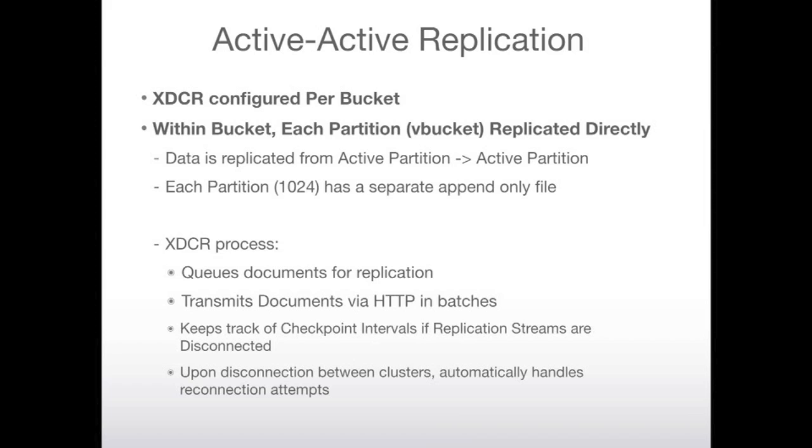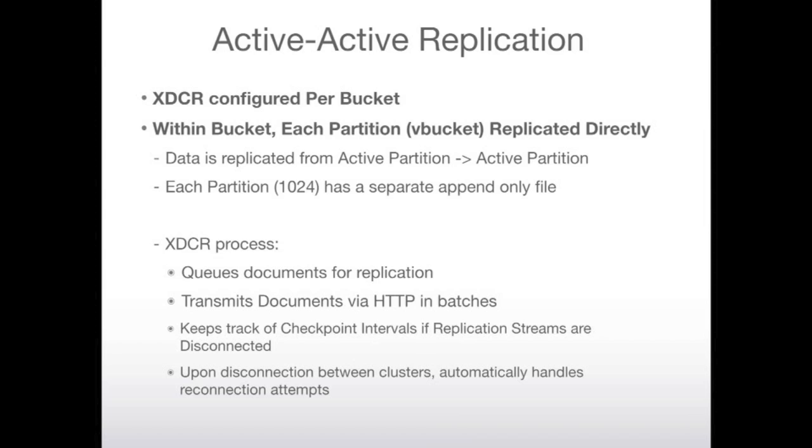However, XDCR replication is per partition and replicated directly, so it's from an active partition in the source cluster to an active partition in the destination cluster. Each partition has a separate append-only file, then the XDCR process reads off that file, queues up replications, and does active-to-active replication. XDCR is also configured per bucket.